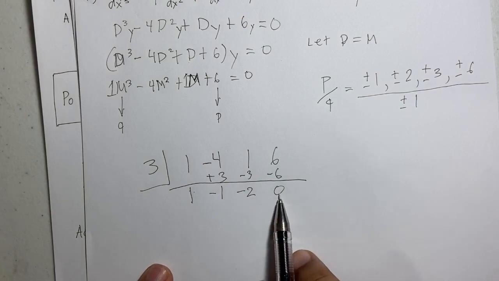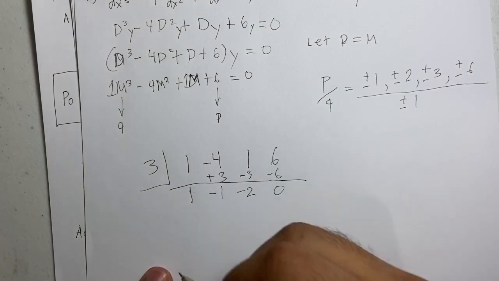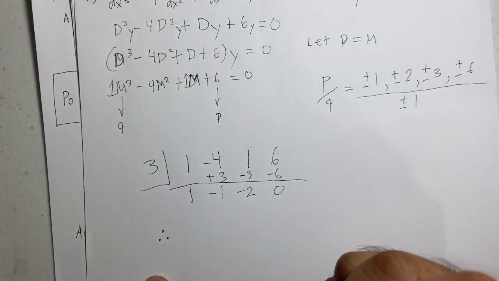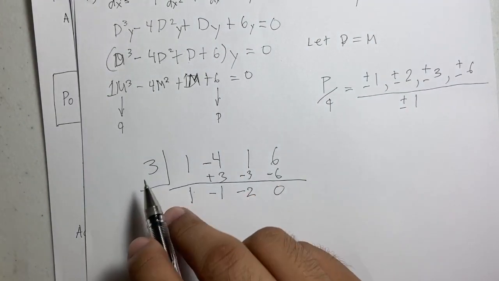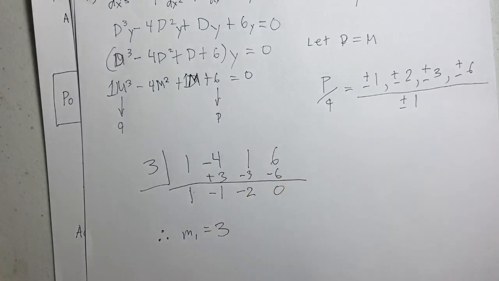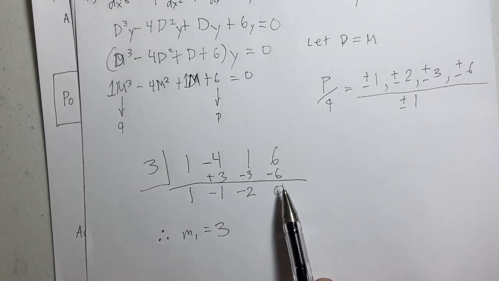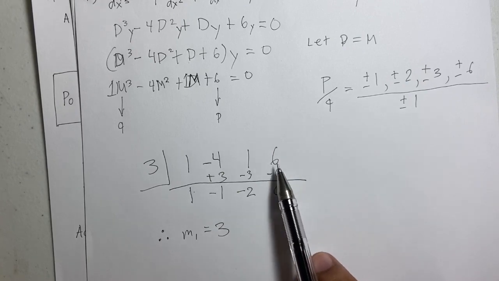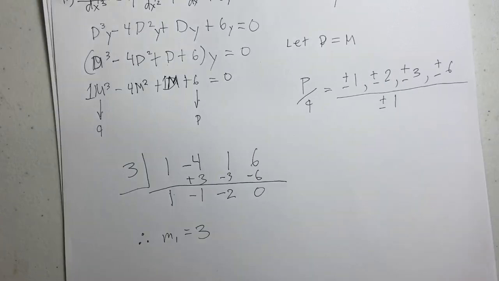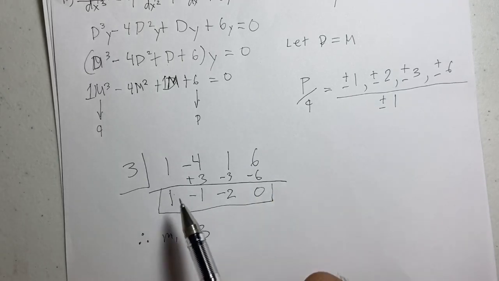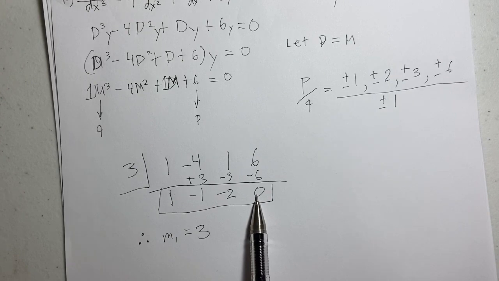Therefore, since it's 0, one of our roots, or root m1, is equal to 3. Because when we divide 3 into our equation here, we get 0 in our last term. So these are our new coefficients for finding another root.